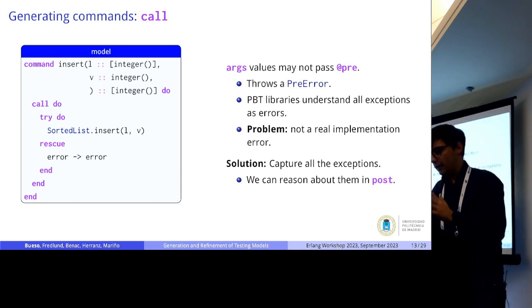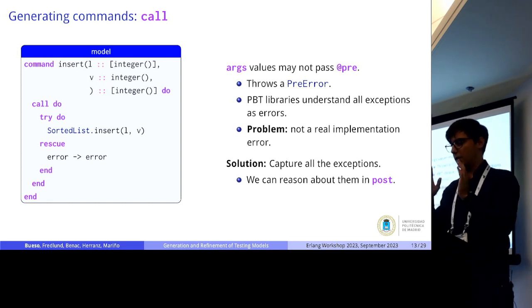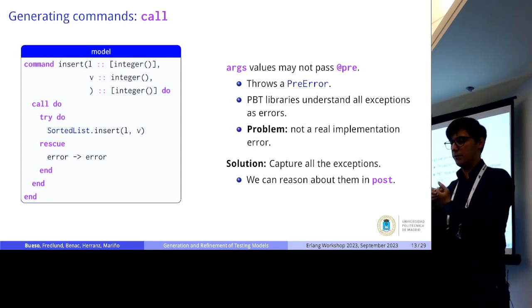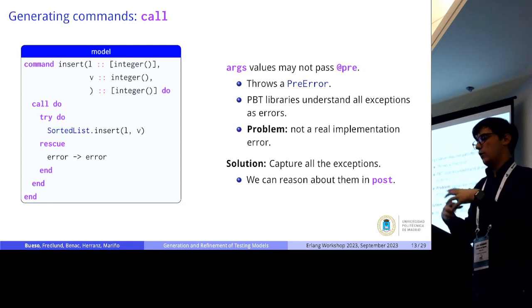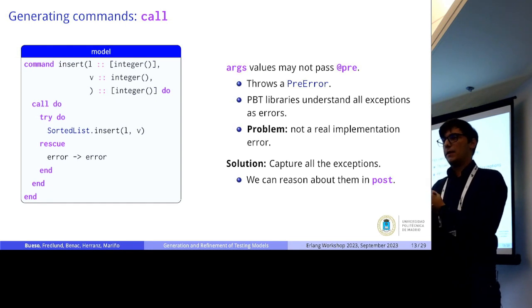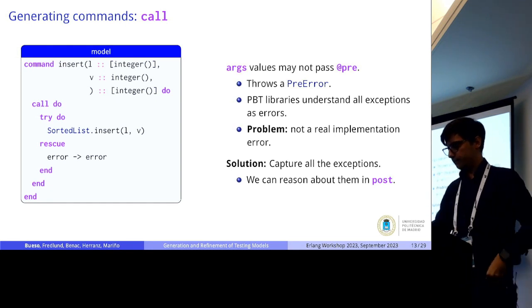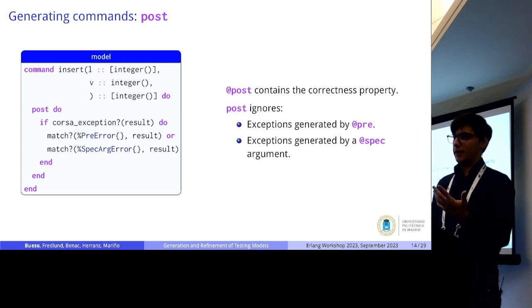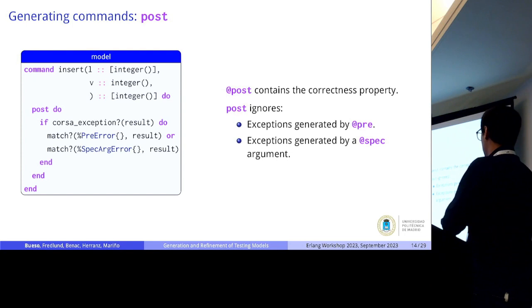So we took the decision that we will capture all the exceptions when we call the implementation. This way we can reason about them in the postcondition of the model. So now let's see what the postcondition of the model is.